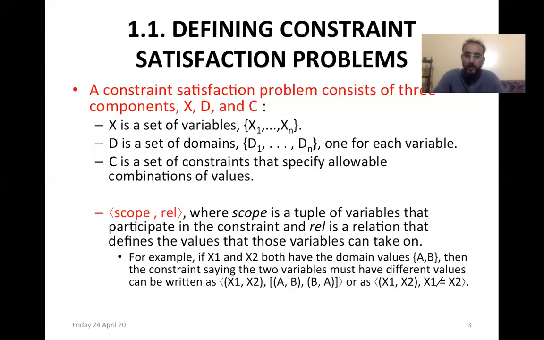You have to mention those variables in place of scope. And then there is a relation. You have to represent the relation between the variables that you have mentioned in place of scope, the condition between those variables. You represent that condition, that constraint, in the part mentioned by rel, or relation.